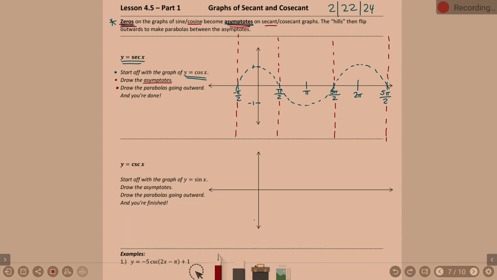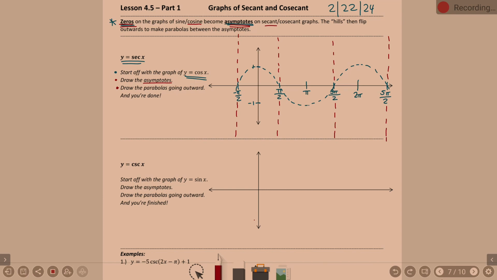Okay, our next step is to draw the parabolas going outwards. So here's the deal. Your parabola touches the cosine curve either at its peaks or at its valleys. And your parabolas are between, so we're going to have some parabolas that open up, we're going to have some parabolas that open down.